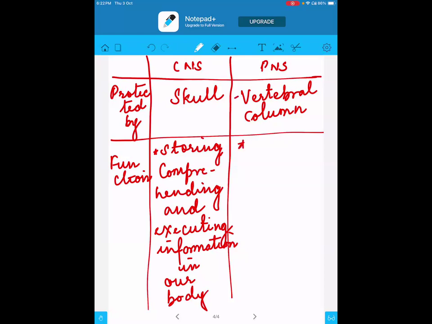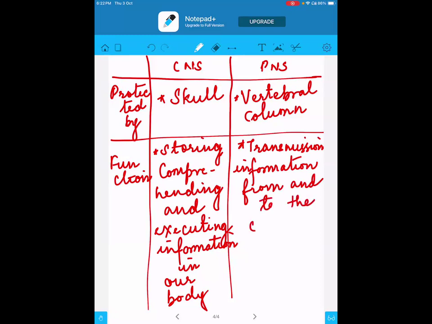Whereas the PNS will be transmitting the information. Whatever the information is, they will be transmitting it to the central nervous system and other body parts.